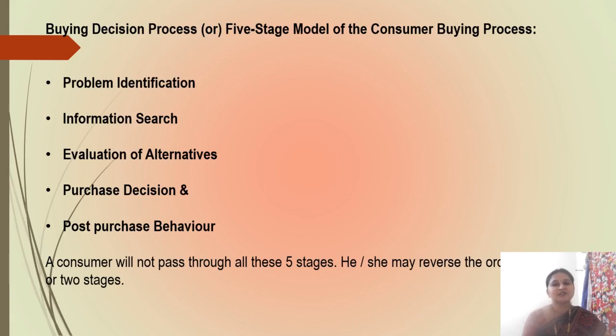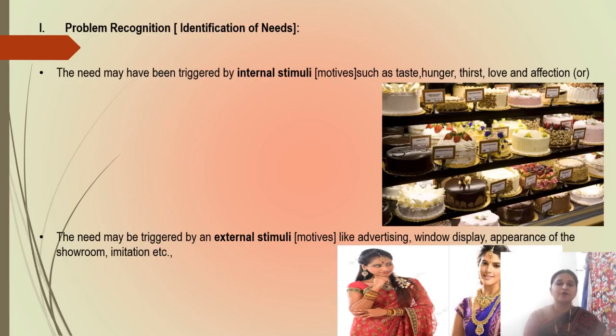The first stage of the buying decision process is problem recognition, or identification of needs. This is the first step and also the most important step. A purchase cannot be made without identifying a need or recognizing a problem.